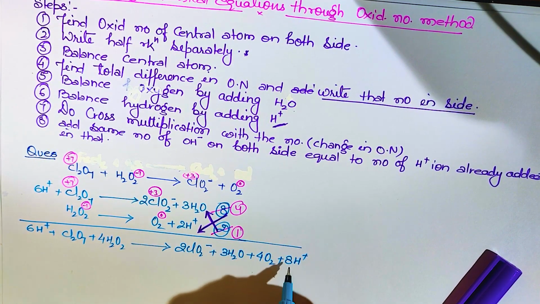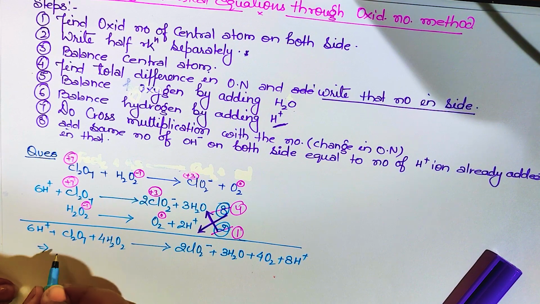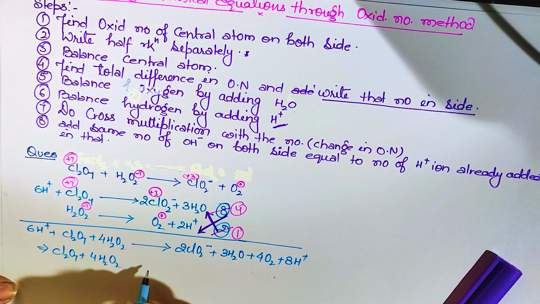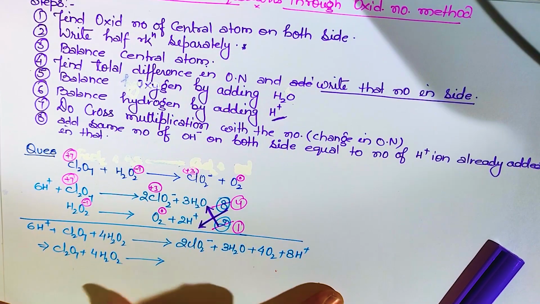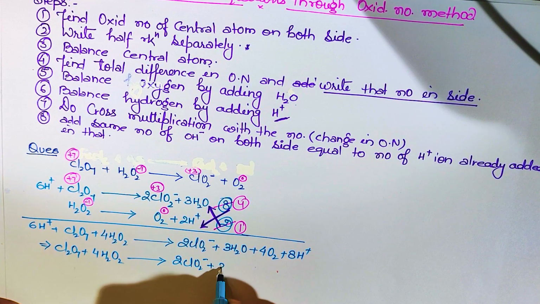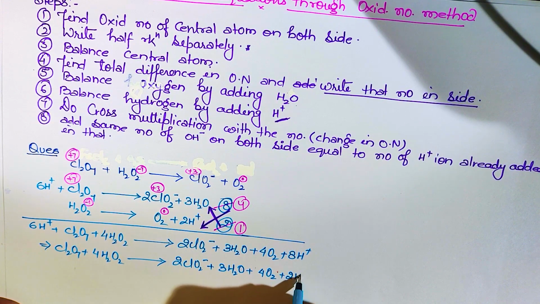So now 8H plus on this side, this is 6H plus, so it can be balanced. So we can write Cl2O7 plus 4H2O2 will give you 2ClO2 minus plus 3H2O plus 4O2 plus 2H plus.